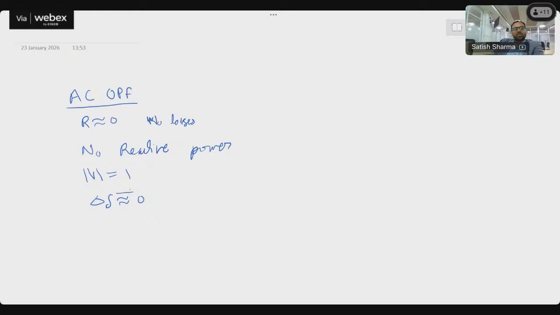So those were the conditions for DCOPF, right? Now in ACOPF, we will not consider these constraints, and we are going to solve it without any assumption. So how can we do that?